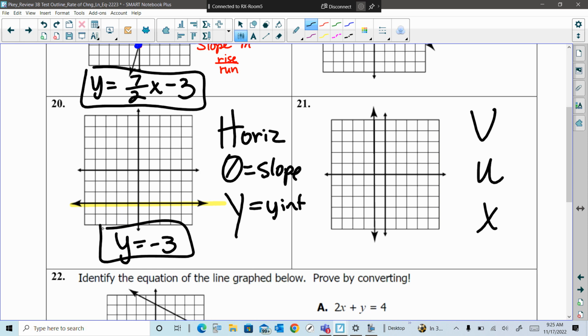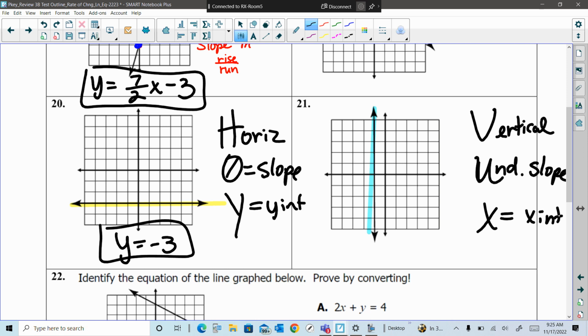Now, if it's a vertical line, the line is actually right here. V is for vertical. What is the U for? Undefined slope. And what does this X represent? X equals the x-intercept.